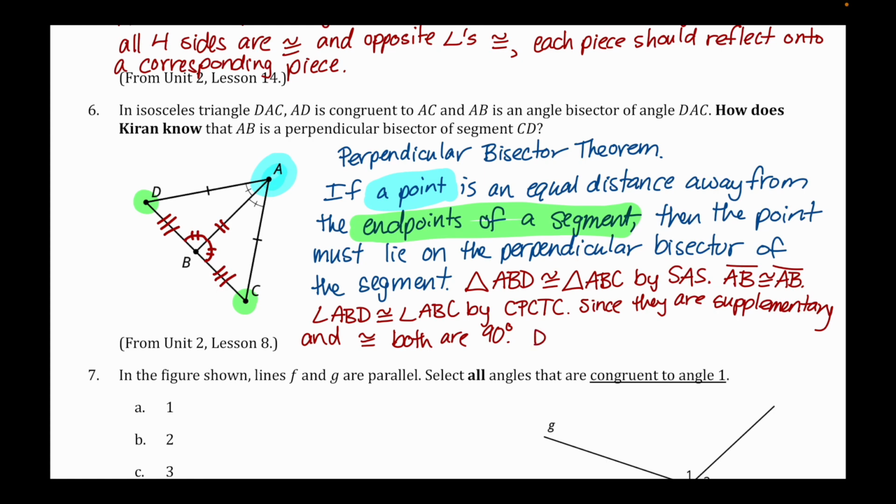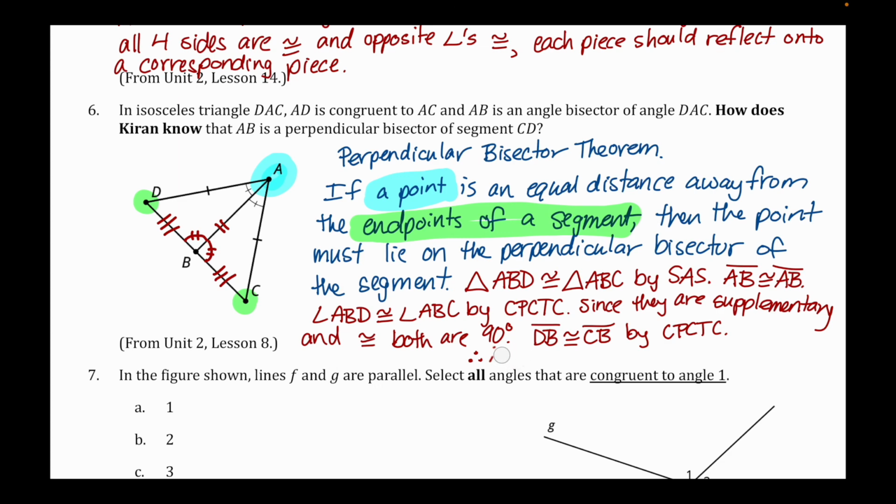So DB is congruent to CB by CPCTC, and being that the segment is in two equal parts and that those angles are 90 degrees means that A lies on the perpendicular bisector, so we can say therefore AB, getting my letters mixed up here.